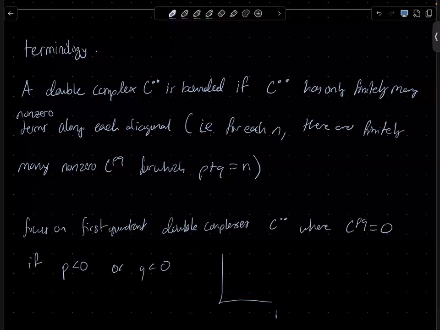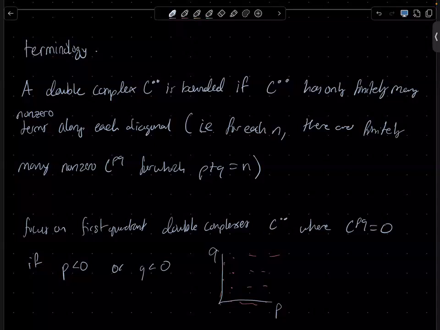If you think of the p-q axis, everything only lives here, more or less. And of course, these first quadrant complexes are bounded. Each diagonal only has how many? n+1. So the zeroth has 1, the second diagonal, okay, I'm going to count it wrong, but it's one more.